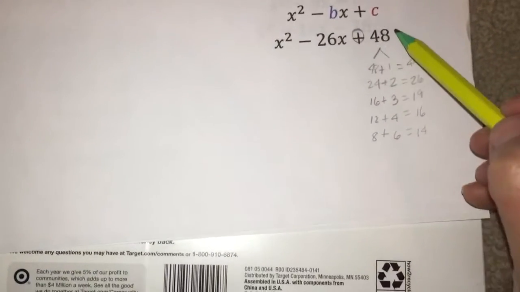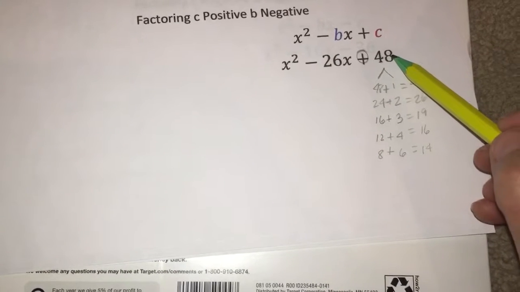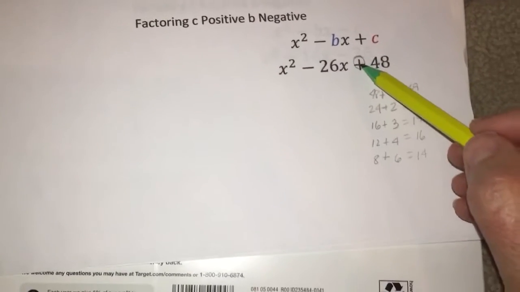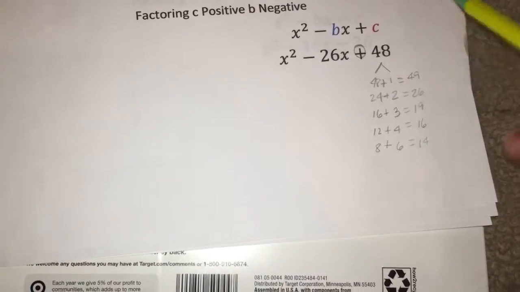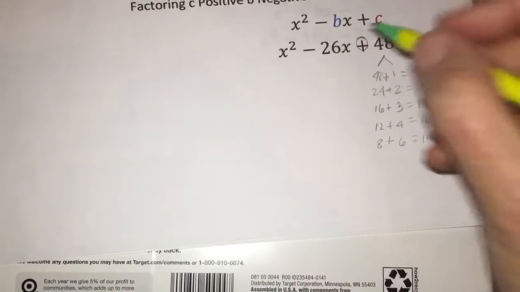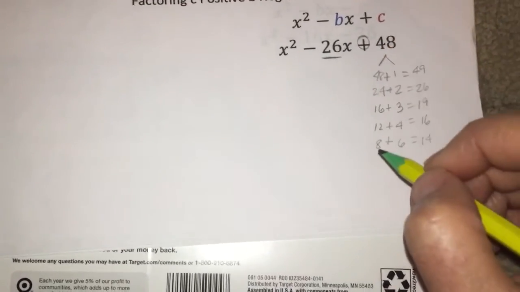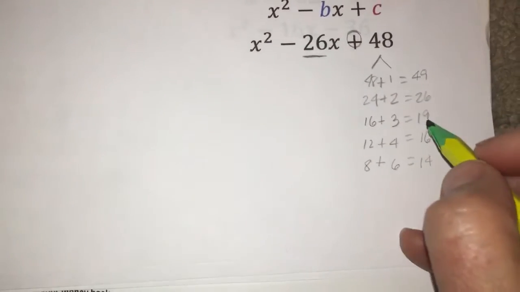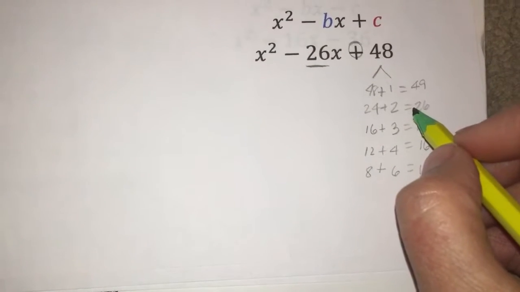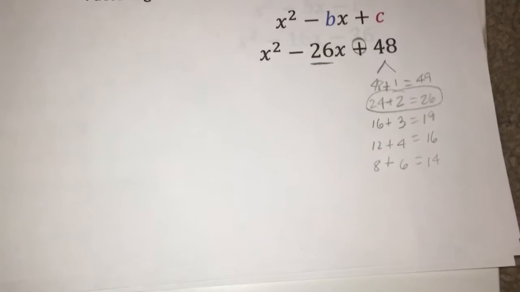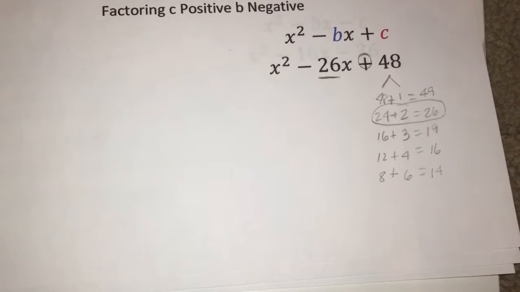The next thing we're going to do, after we factored the C term and looked at the sum, in this case because this is a plus sign, of all these terms, is see which of these sums matches our B term, which in this case is 26. If you look at your factors, the two factors of 48 that give us a sum of 26 are 24 and 2.